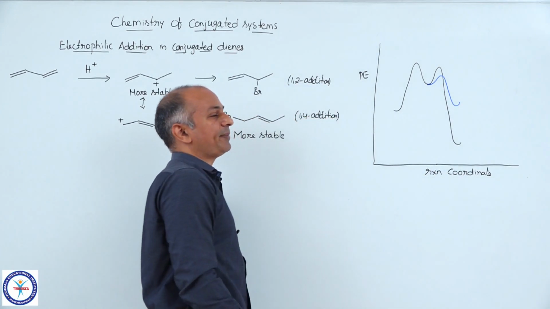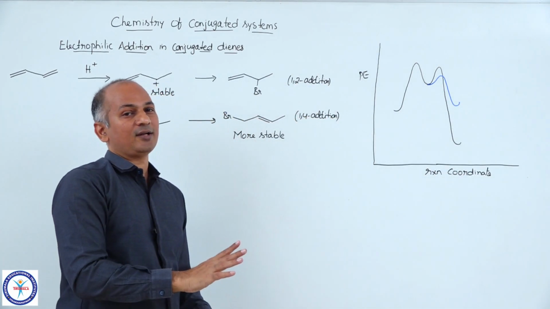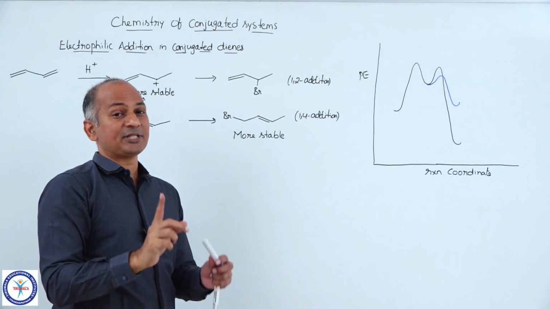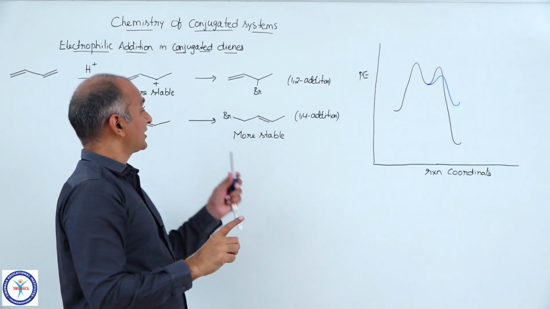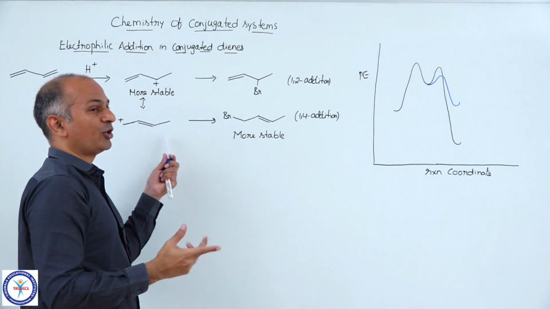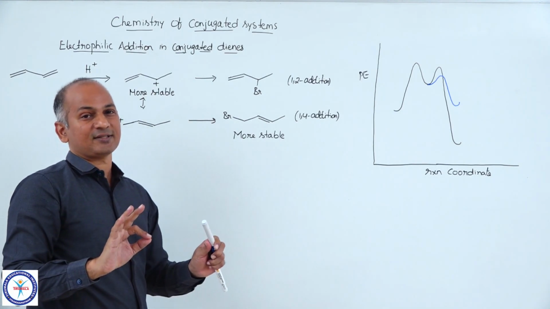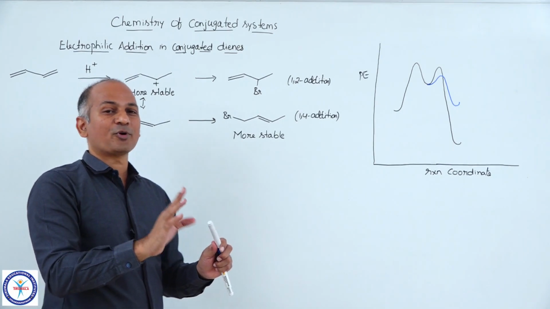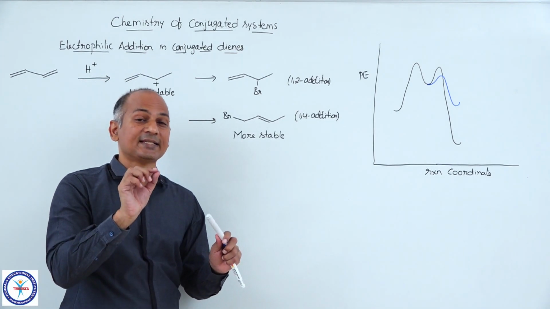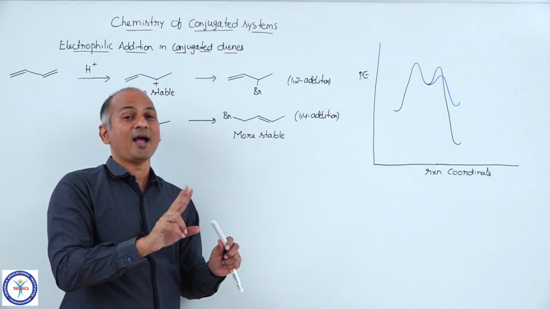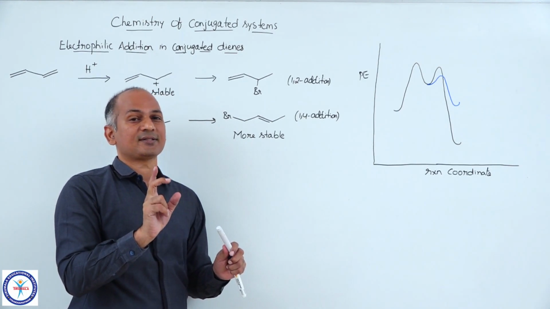Now you see both the pathways, blue colored and black colored, especially in the second step. The first step is the same for both, no difference. Until you get the carbocation, there is absolutely no difference. So whether you get the 1,4 addition product or the 1,2 addition product is decided in the second step, and in the second step there are two paths.